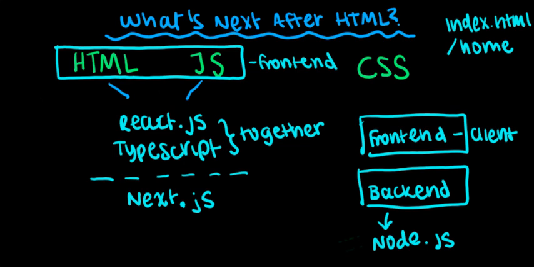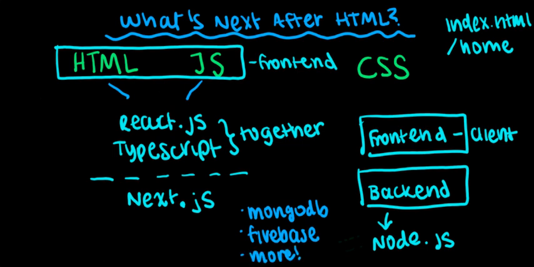You can also use it to integrate to databases such as MongoDB, Firebase, and more. But sometimes that integration can be a little bit hard, or maybe you only want these slashes. You don't really need much more than that.